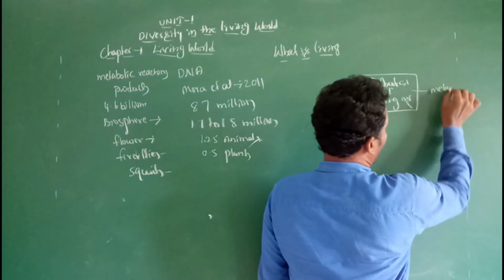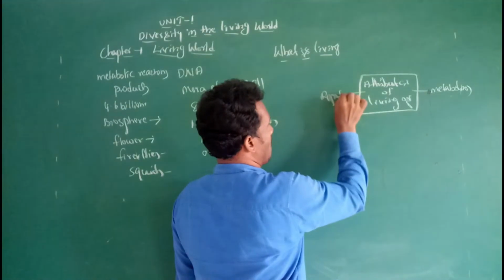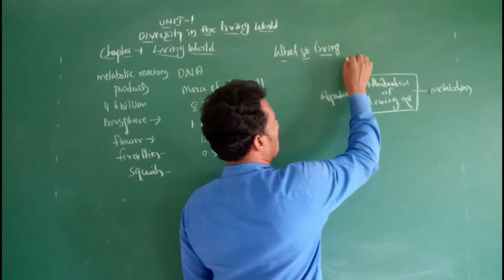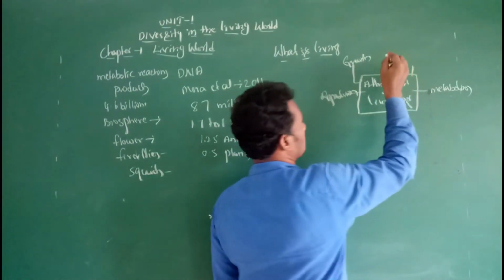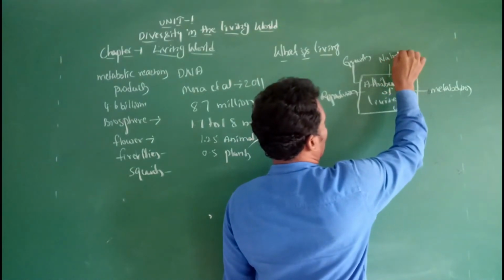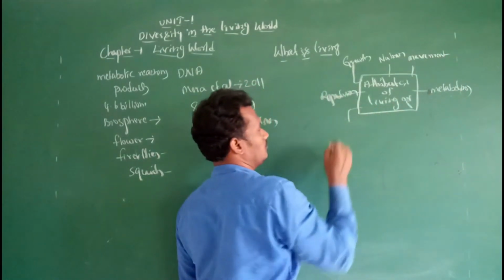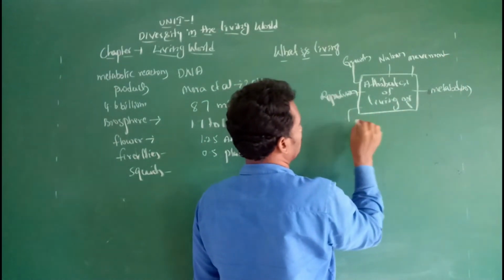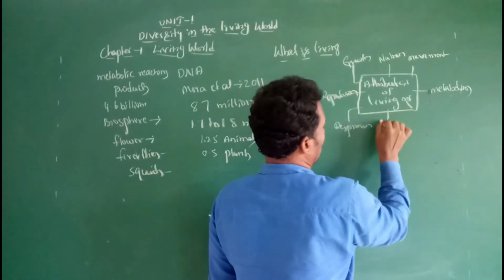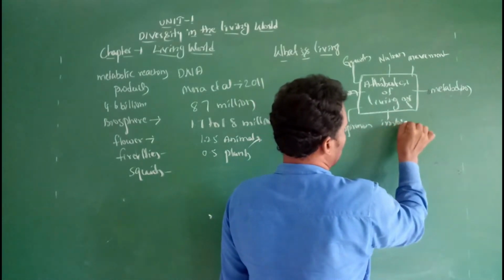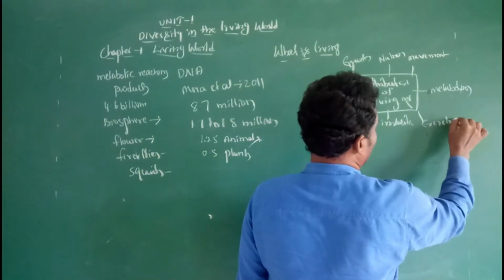Examples: metabolism, reproduction, growth, nutrition, movement, respiration, irritability, excretion.